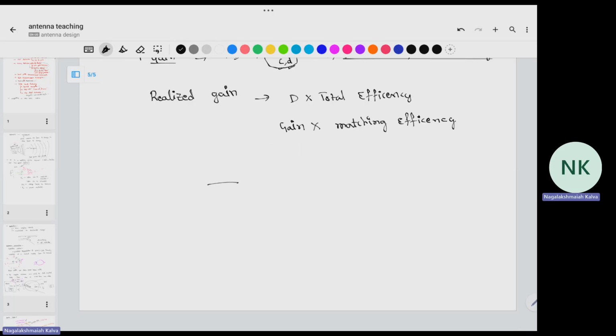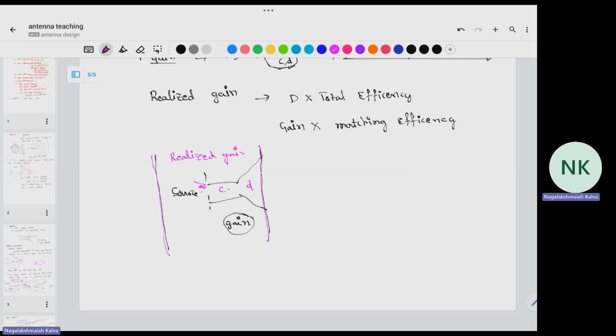If I have an antenna like this, with the source connected to the antenna, gain is related only to this part. If we have any losses or any storage, this gain term will know. And this entire thing from source up to radiation, like mismatch as well as conductor losses as well as dielectric losses, all of these come in realized gain.